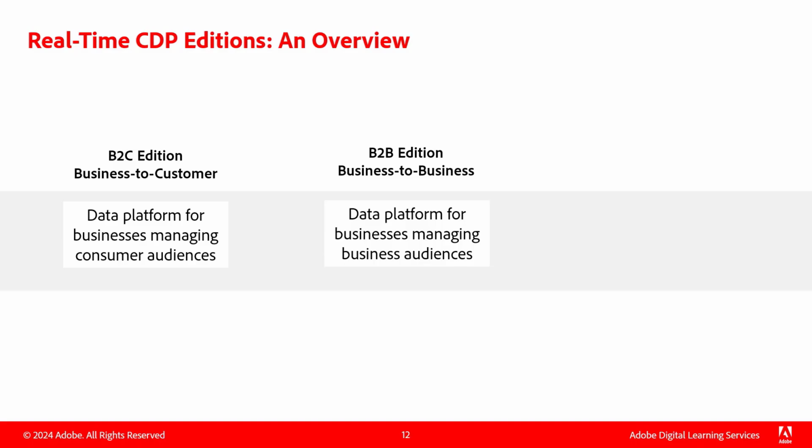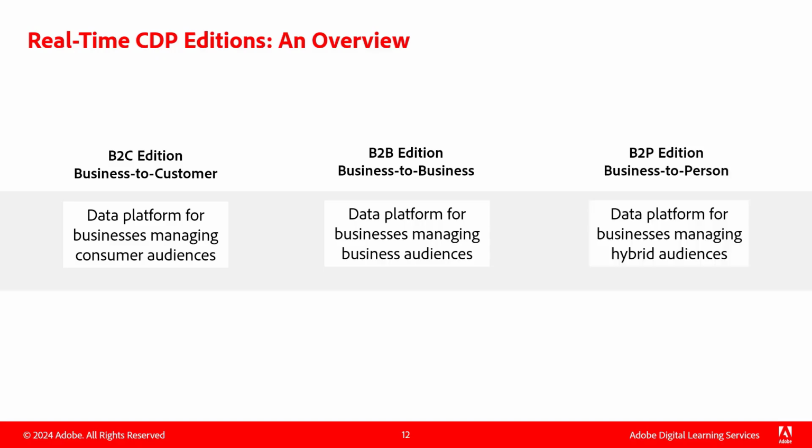The second edition that is offered is the RTCDP B2B, or business to business, which, on the other hand, is purpose-built for business to business marketers to unify, govern, and activate all data using a single lead and account data type.